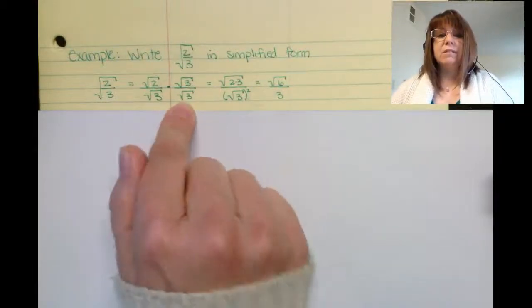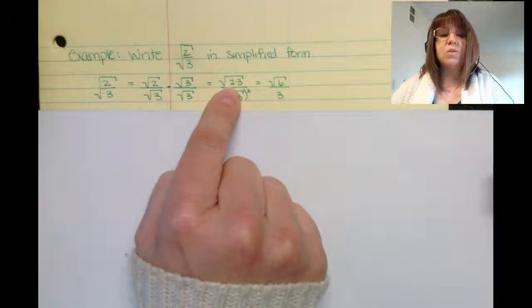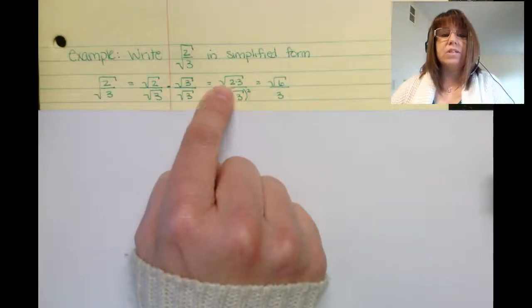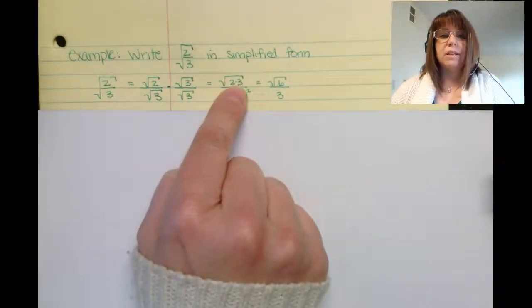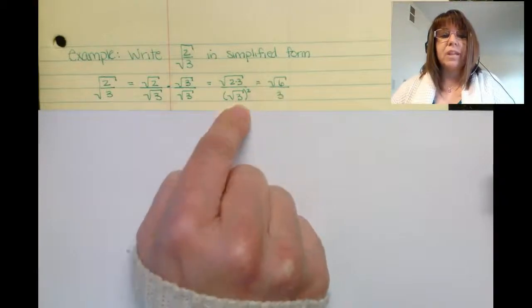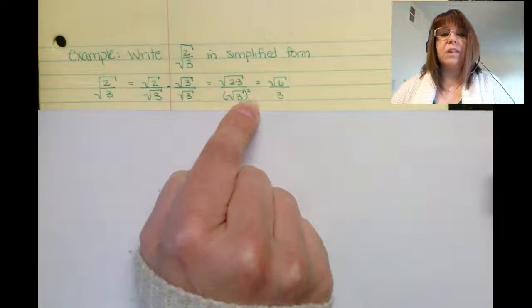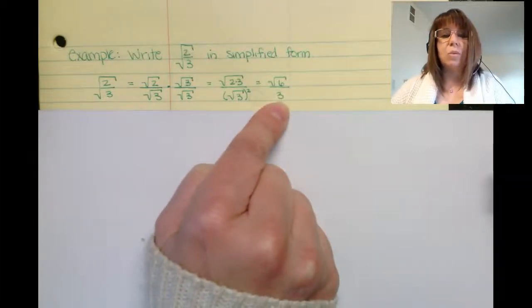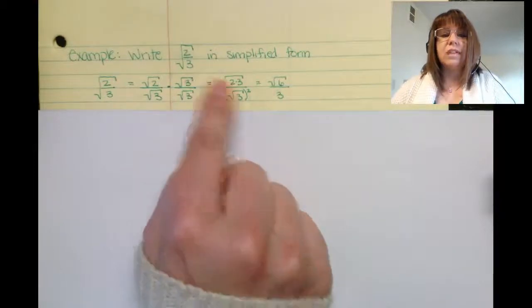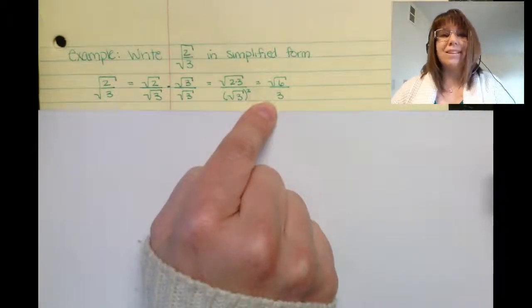And doing so, I have the square root of 3 times the square root of 2, but that is really the square root of 2 times 3, giving me the square root of 6. Square root of 3 times square root of 3 is square root of 3 squared, but that's my third property, which leads to 3. So my simplified form of the square root of 2/3 is the square root of 6 over 3.